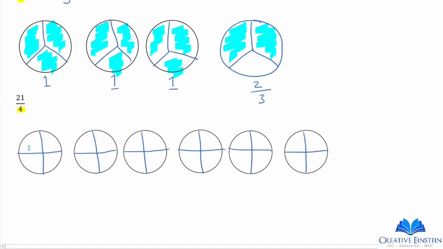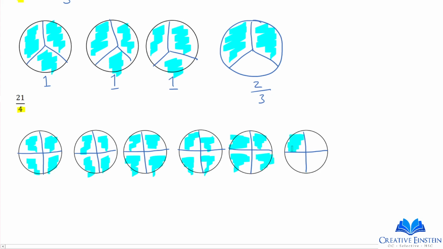So 1, 2, 3, 4, 5, 6, 7, 8, 9, 10, 11, 12, 13, 14, 15, 16, 17, 18, 19, 20, 21. Okay, there we go.